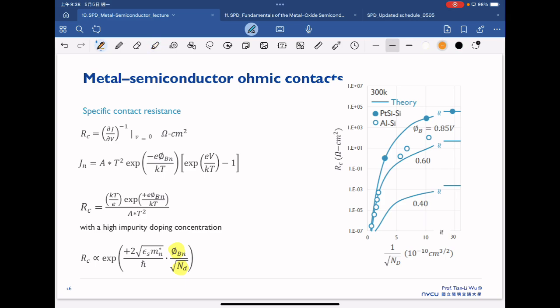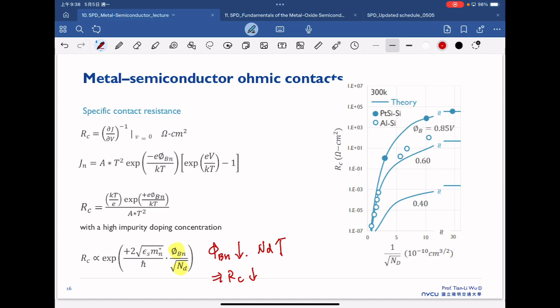With this analytical equation, we can understand that as long as our barrier height is reduced or our doping concentration increases, we can always try to have a lower contact resistance.